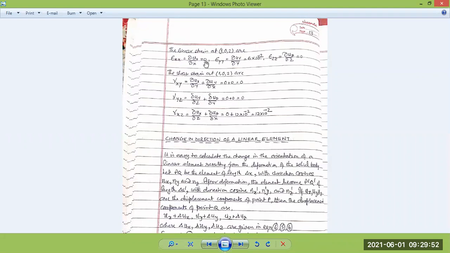If you put the values here, we get the elongation strain along the x-axis equal to 0, elongation along the y-axis equal to 2 into 6 into 10 to the power minus 2, and elongation along the z-axis is also 0. So this particular element has elongation along the y-axis only. There is no elongation on the x and z axes, meaning the displacement vector is acting along the y-axis itself.